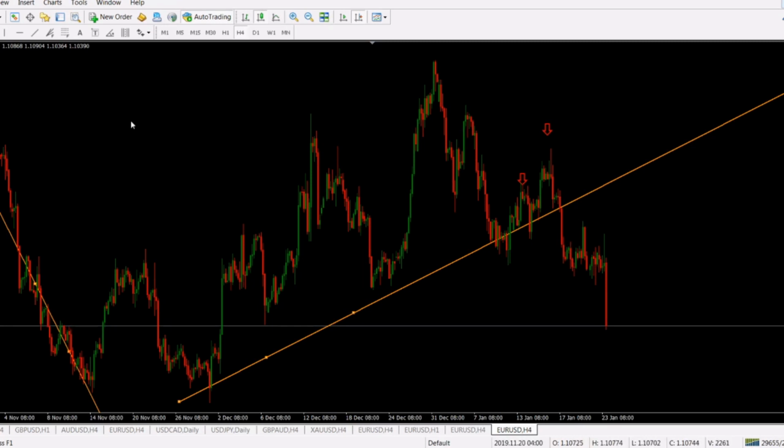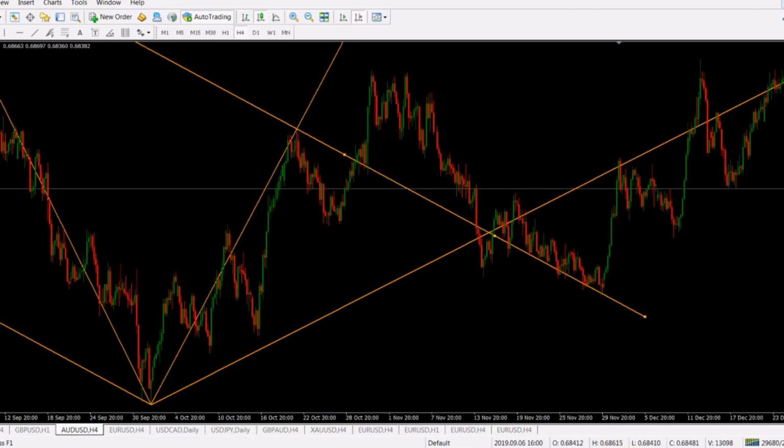So guys, that's what I wanted to show you at the moment. Try to use it, try to draw those lines, and you will see it works on any market. It's not only EUR/USD, you can try it. I did it somewhere on AUD/USD. The same story. Look, this line and 90 degrees shows exactly how it works.